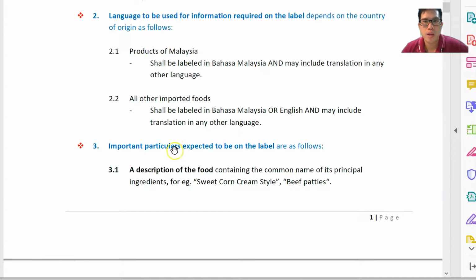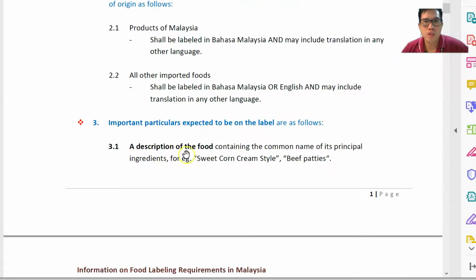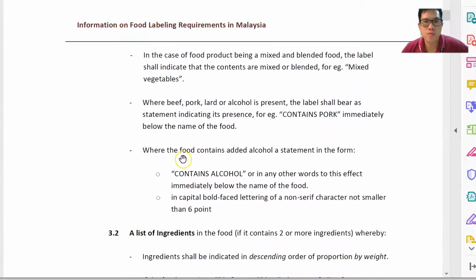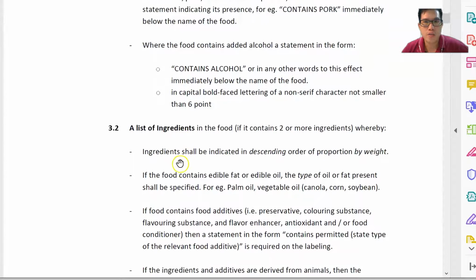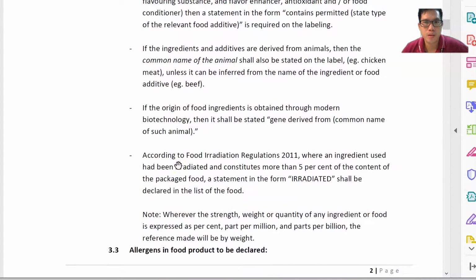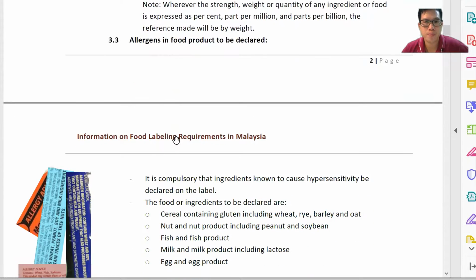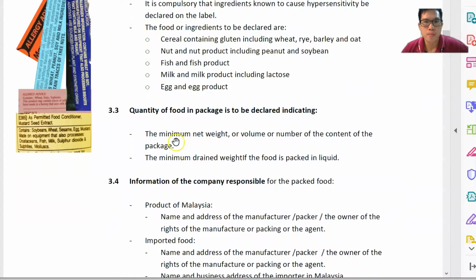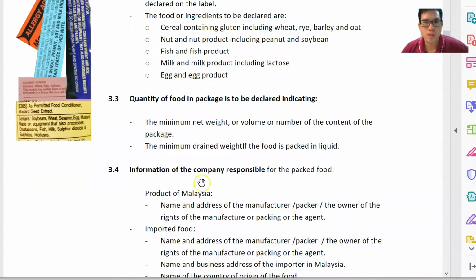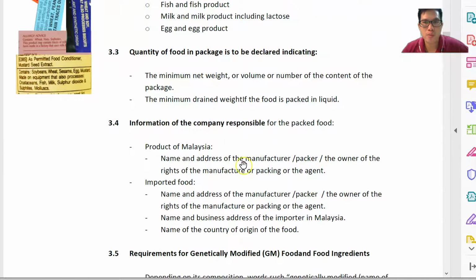Alright. If it's important, you need to have a description. The description needs to be very, very accurate. You also need to declare any allergens. Very, very important. The quantity of the food, the packaging information, and the company responsible.